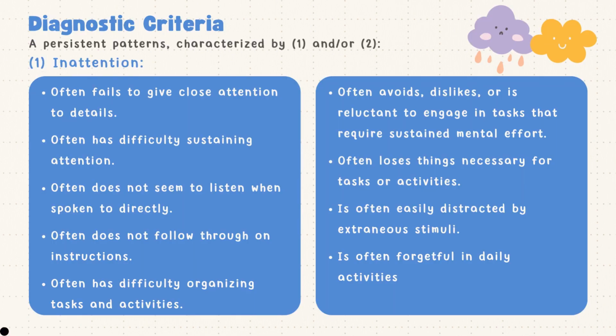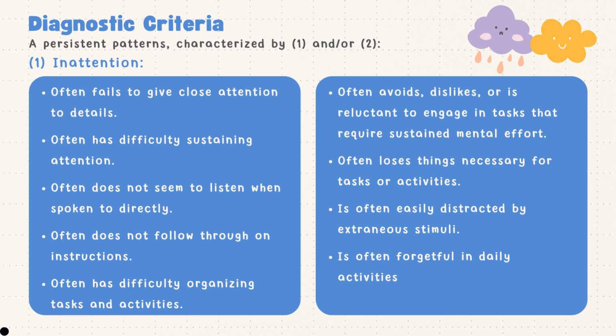The diagnostic criteria for ADHD can be categorized into two components. The first component is inattention, in which individuals with ADHD often fail to give close attention to details, where they can make careless mistakes either in schoolwork, at work, or other activities.